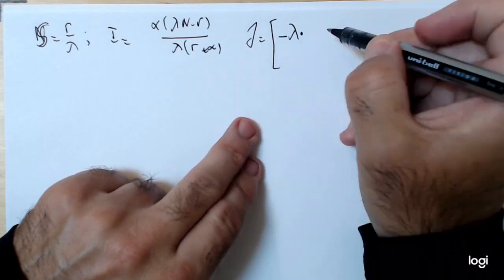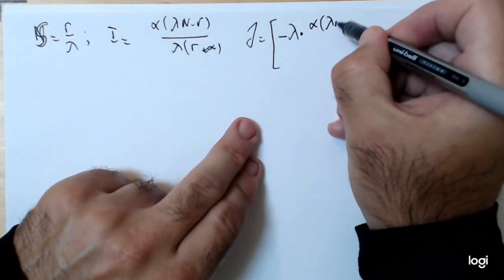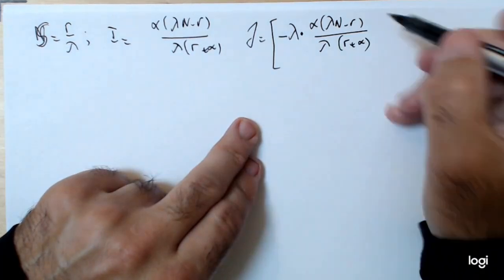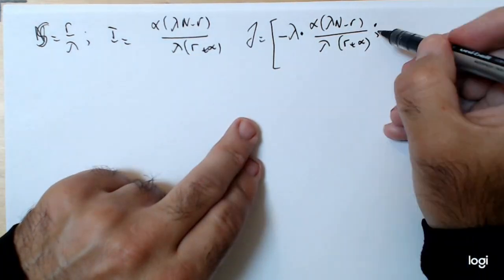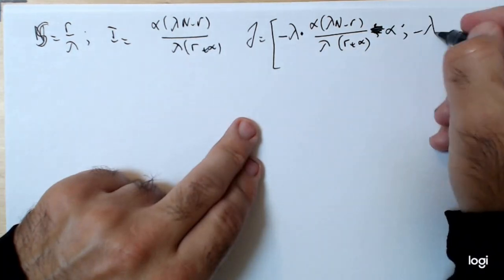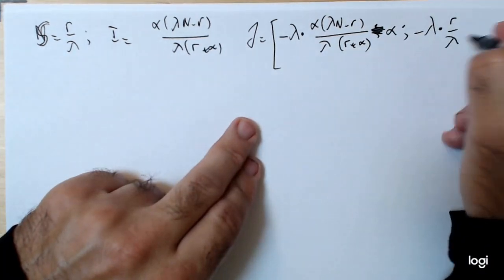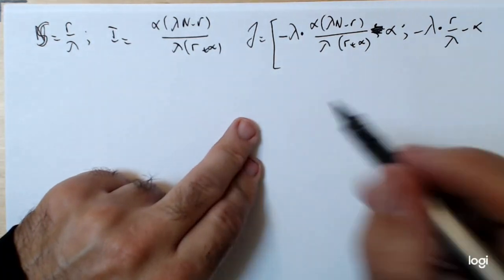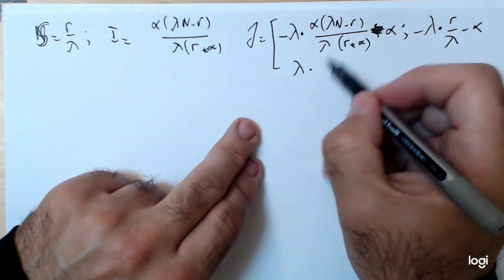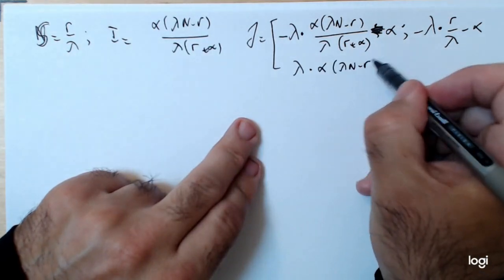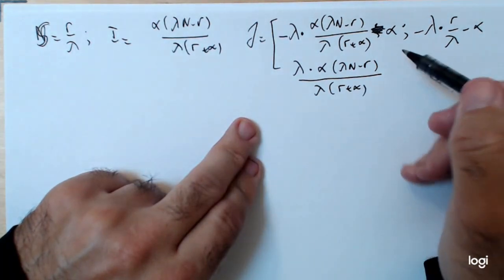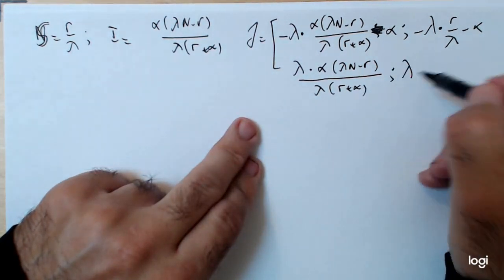Minus lambda times I minus alpha, if you got the minus alpha, minus lambda times S minus alpha, lambda I, lambda S minus R.